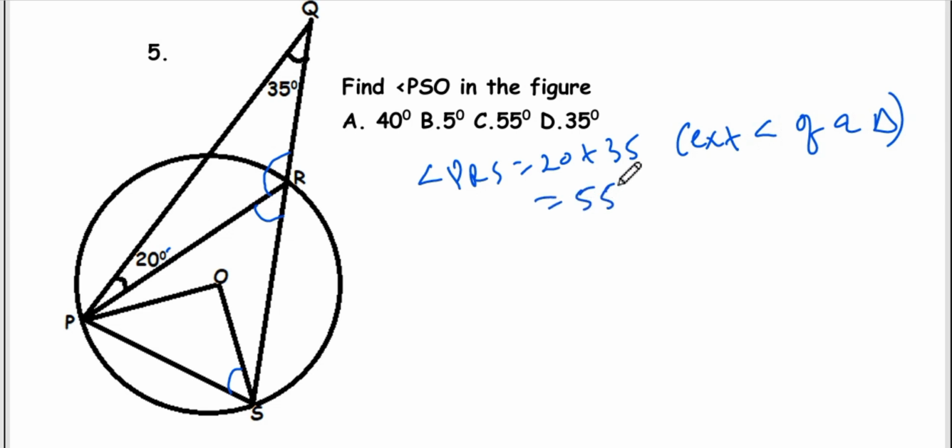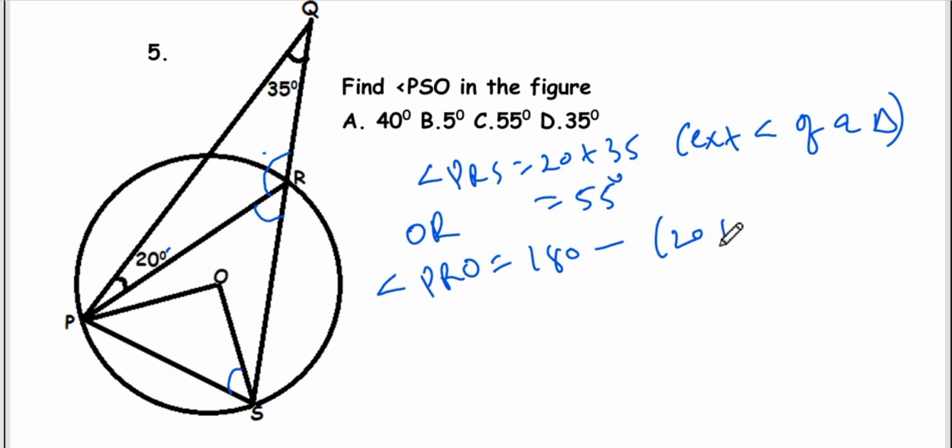That's 55. Or if you want to go through the long route, you can subtract these two angles from 180 to get this. Angle PRQ is equal to 180 minus 20 plus 35. That's 180 minus 55, that's 125 degrees.